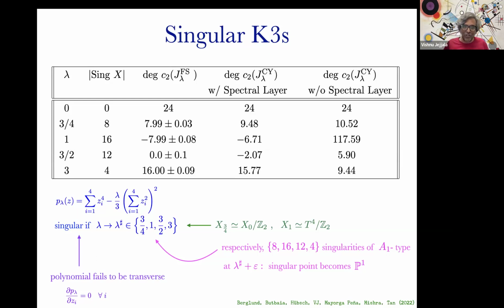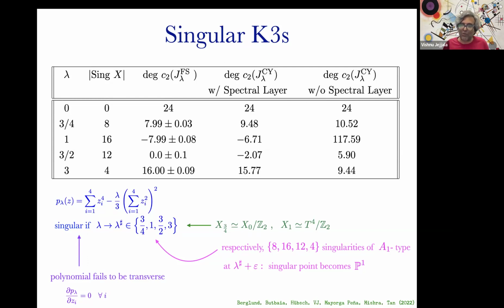In addition to the Fermat quartic terms in the first sum, we also have these sums of squares squared to get this homogeneous expression. For particular values of this lambda coefficient, the manifold that we obtain is singular, and particular values of lambda refer to particular singular geometries that are studied.